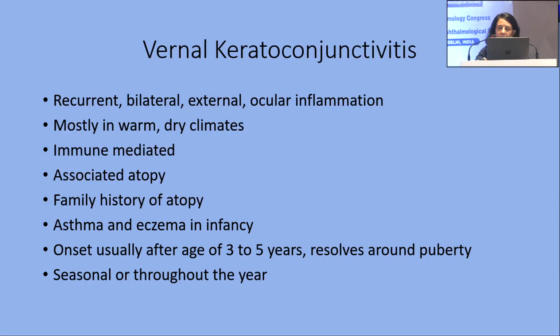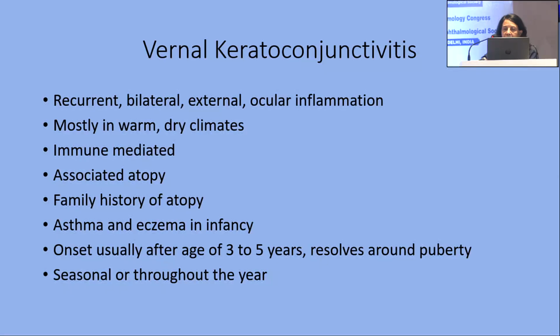Now vernal keratoconjunctivitis, VKC, is the most common, most notorious, and at times very difficult for ophthalmologists to deal with. It is usually a recurrent bilateral external ocular inflammation, mostly in warm, dry climates, immune mediated, associated with atopy in many cases, and there is a family history of atopy in many cases.